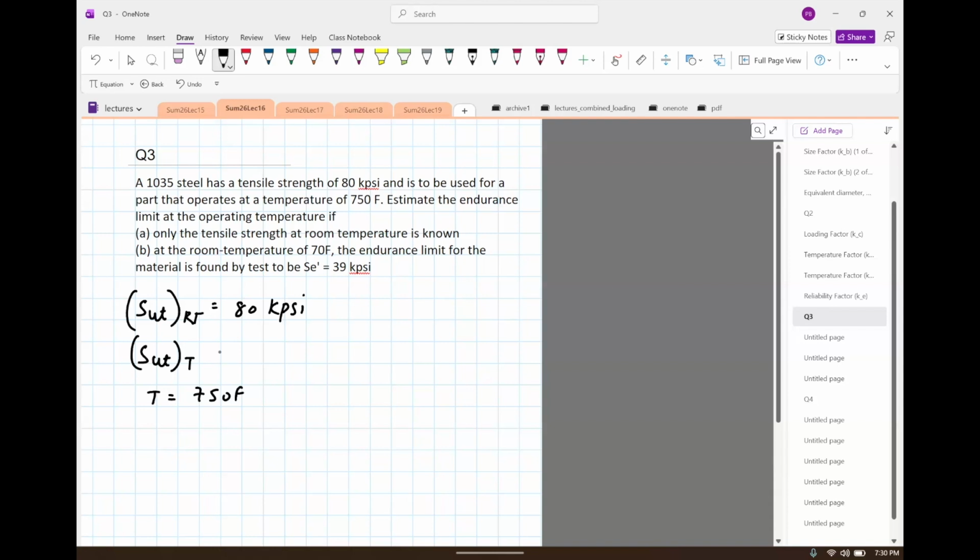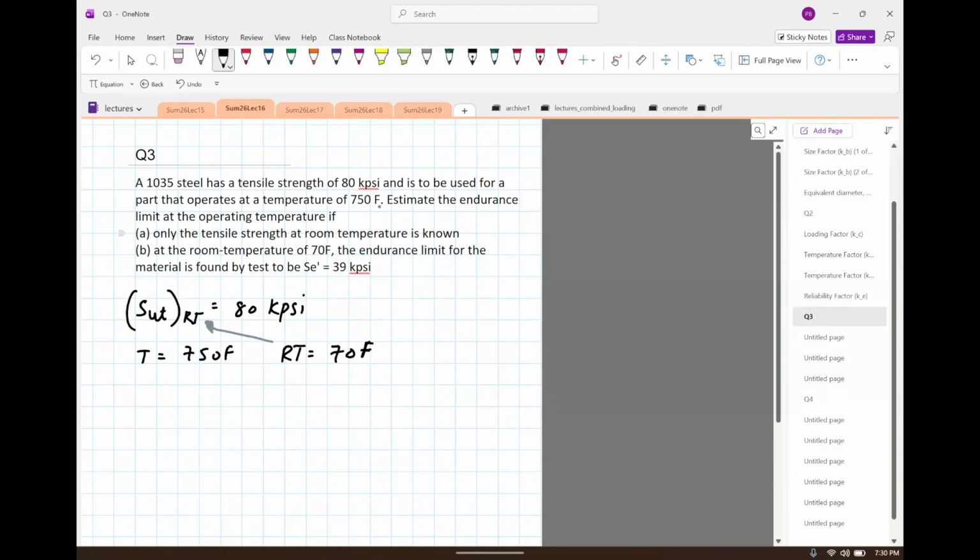So we want to compute, T is given to us. And you're also told that room temperature is 70 Fahrenheit. That is, in this equation, when you found the ultimate strength, it was at 70 Fahrenheit. That's room conditions, room temperature.